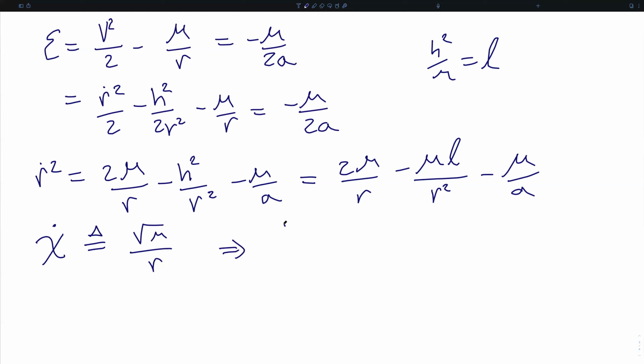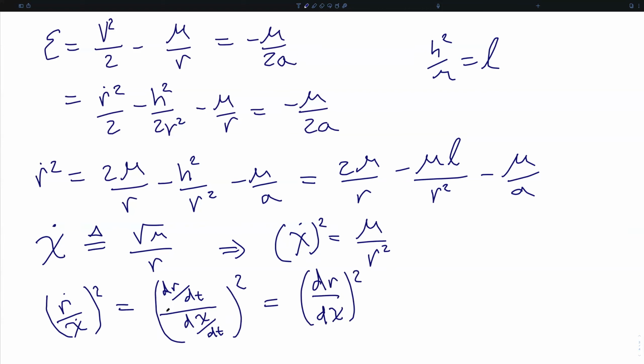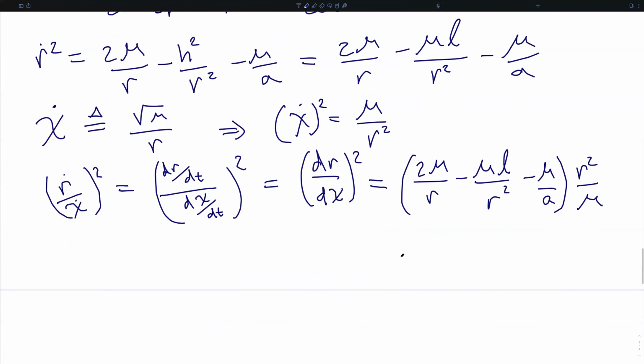What this means is that chi dot squared is mu over r squared, and r dot over chi dot squared is the same as dr d chi squared. And dr d chi squared by this and this must be, and this whole expression simplifies to, so dr d chi squared is 2r minus the semi-parameter minus r squared over a.